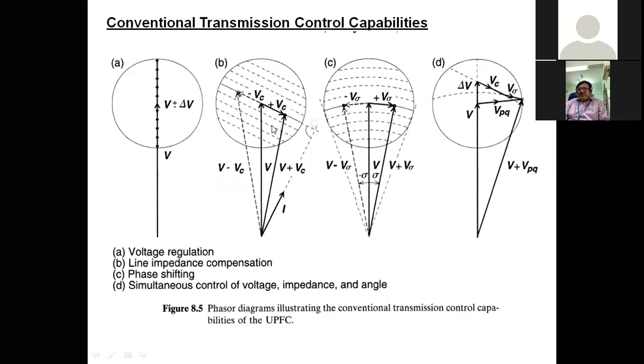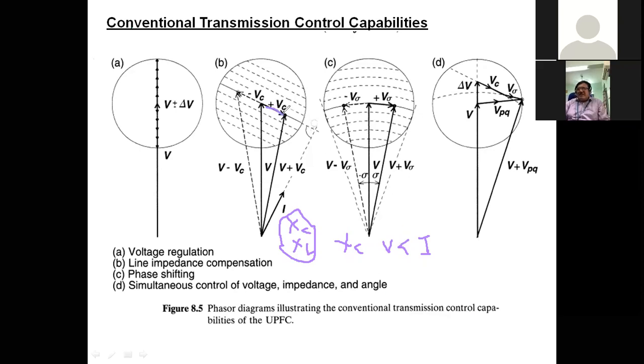Then coming to the second one, that is line impedance control, either capacitive effect or inductive. In both of these cases, the nature of the voltage matters. For example, in the case of a capacitor, voltage is lagging by 90 degrees with respect to the current. So here the voltage injected is lagging and current is leading.